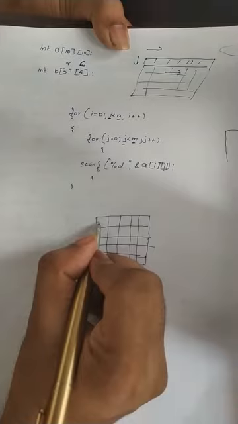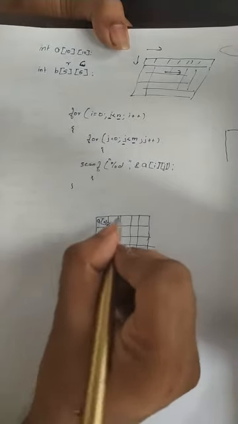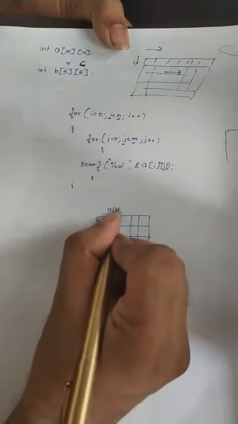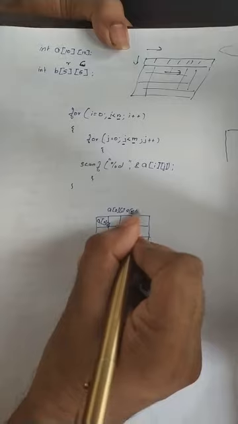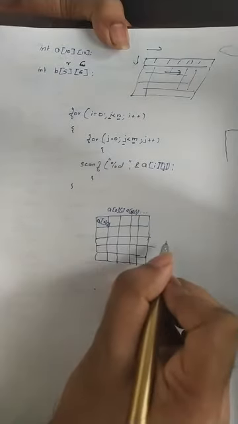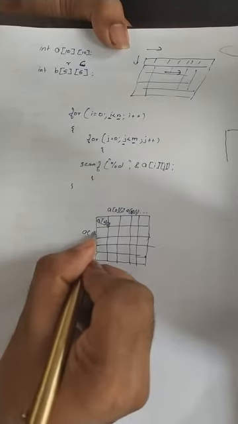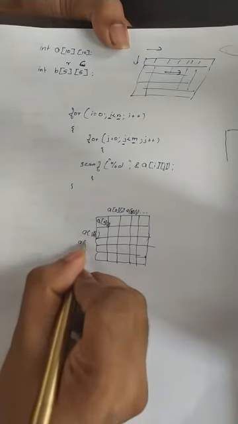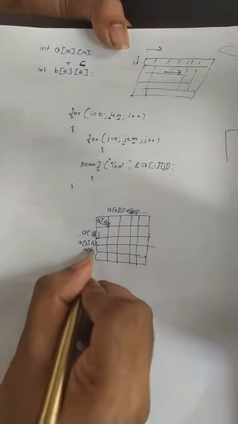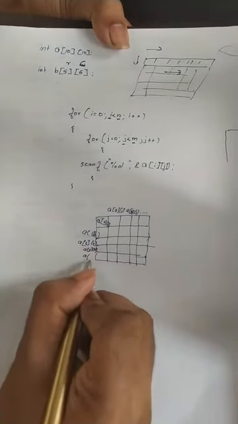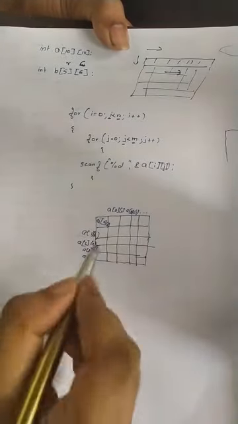So this slot is called a[0][0]. This is a[0][1], a[0][2], etc. Likewise, this will be a[1][0], this will be a[2][0], and this will be a[3][0] and a[4][0]. So this is how we will be storing the elements.